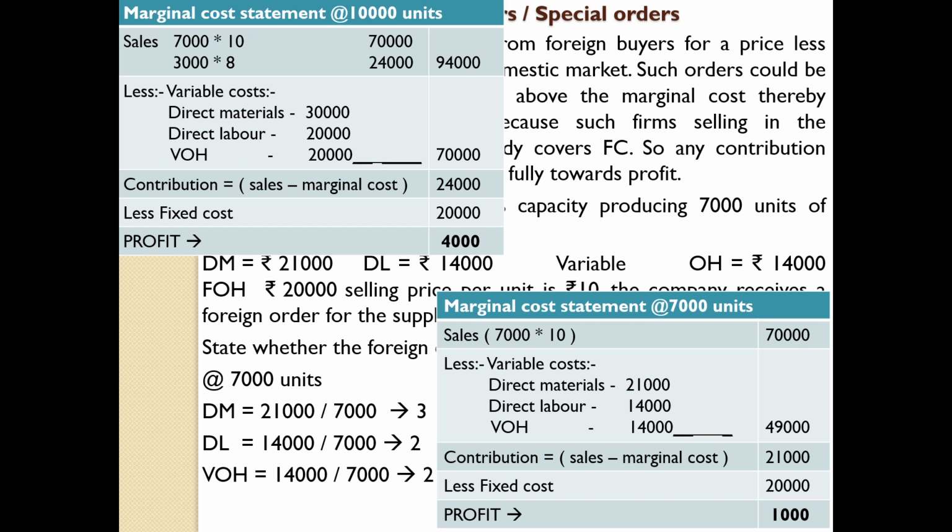So what will be the decision? The decision is to accept the foreign order so that the organization's profit can be increased by 3,000. This is how you need to take the decision regarding marginal costing application for accepting a foreign order or special order.